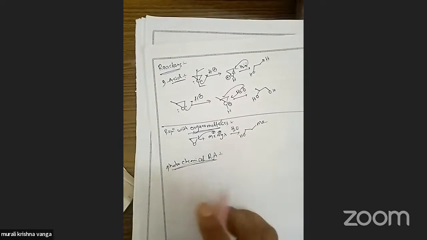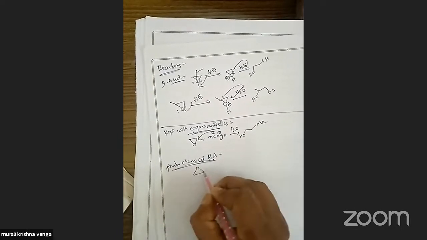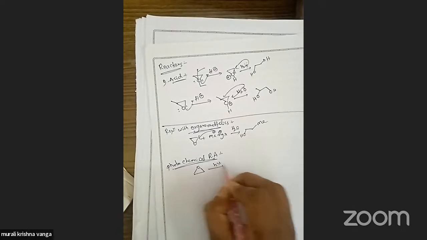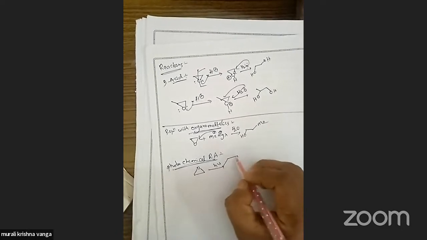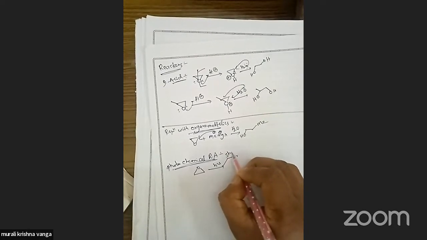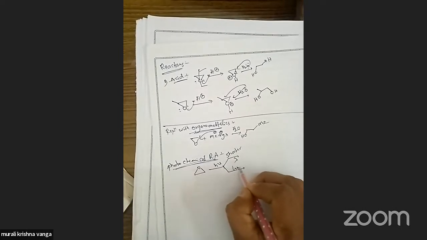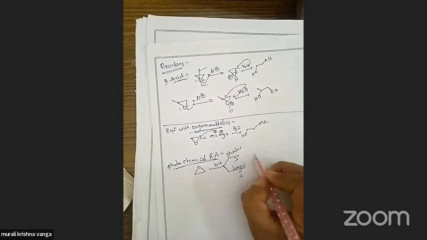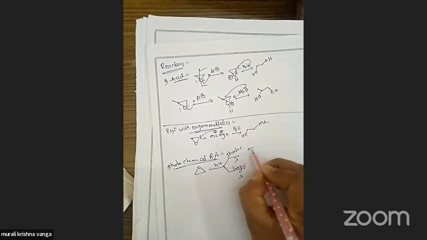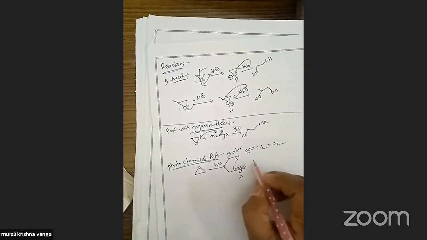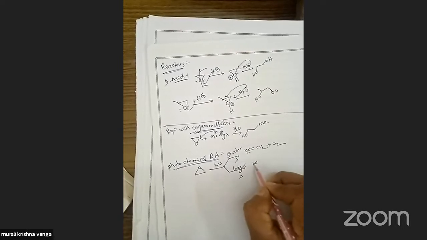When the epoxide undergoes the influence of sunlight, in case of shorter wavelength, the product is methane, CH2, and oxygen. In case of longer wavelength, the product is an aldehyde.